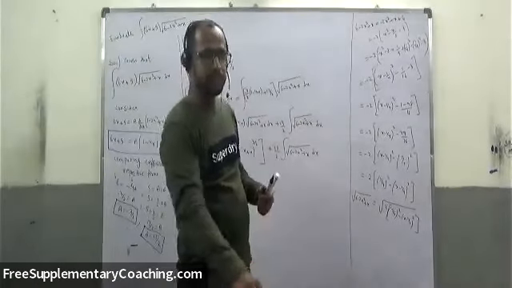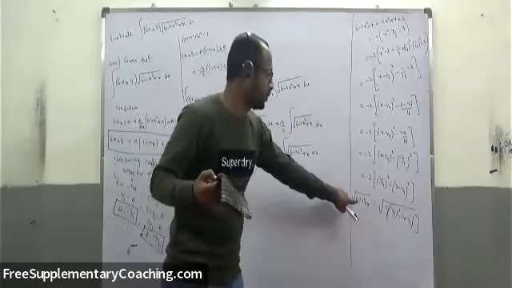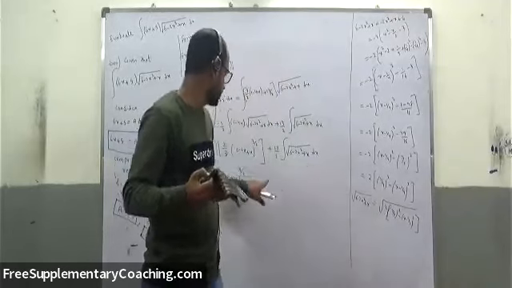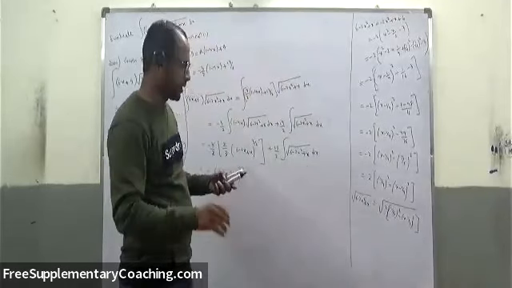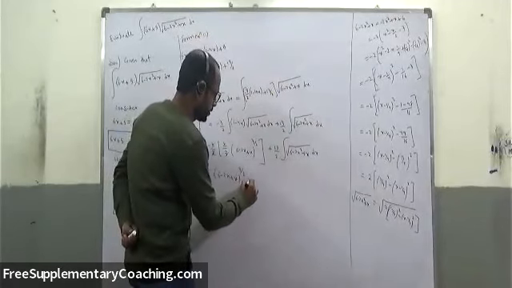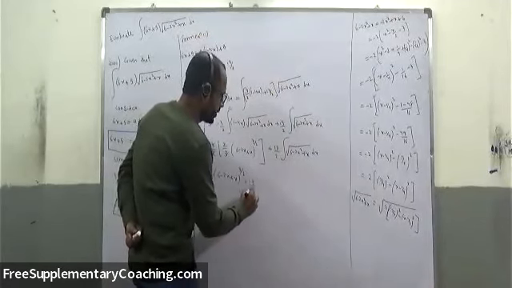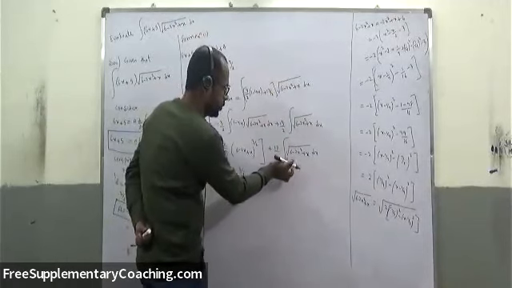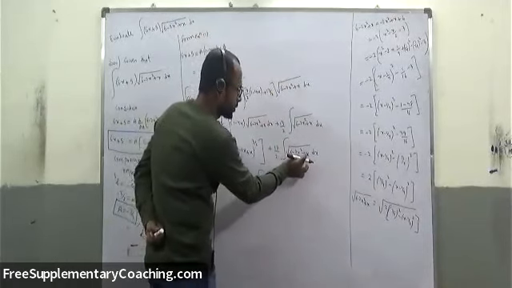So now we have to use these terms here. What am I getting here? Plus 13 by 2 integral root over 6 minus 2x square plus x into dx.